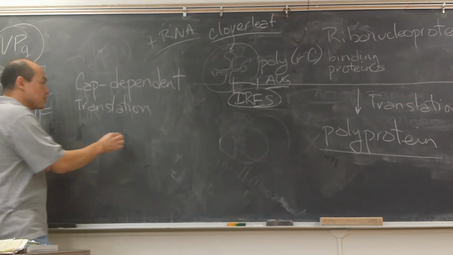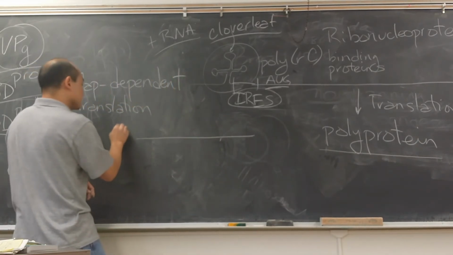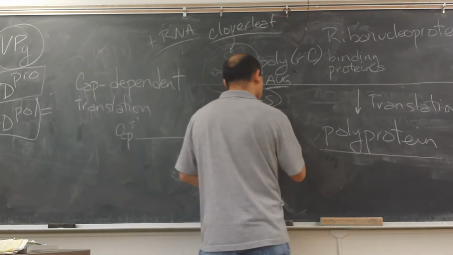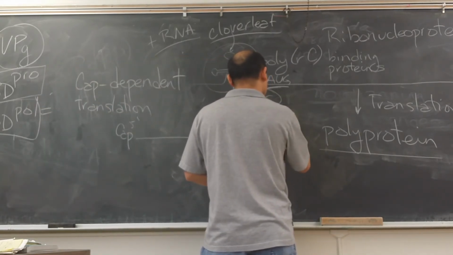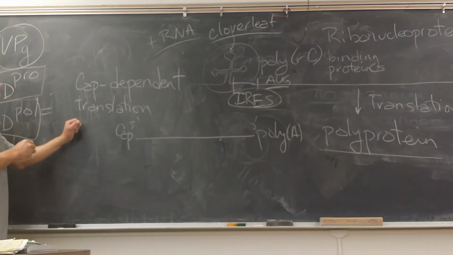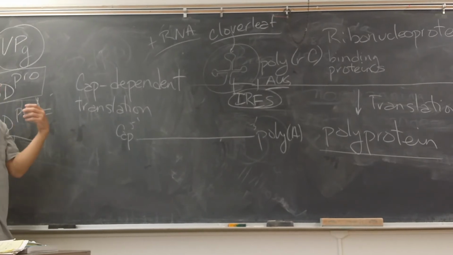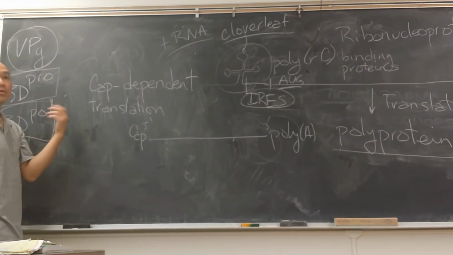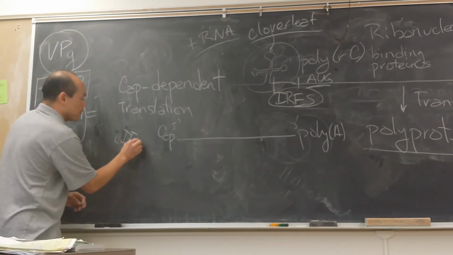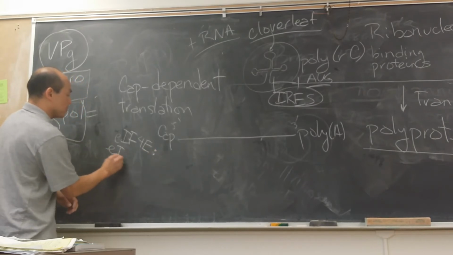And when the cap is required, here's what happens: a cap, 5', poly A, 3'. The cap is going to be recognized and bound by a dimer, an EIF4E and 4G combination. Those of you, hopefully you remember, okay?